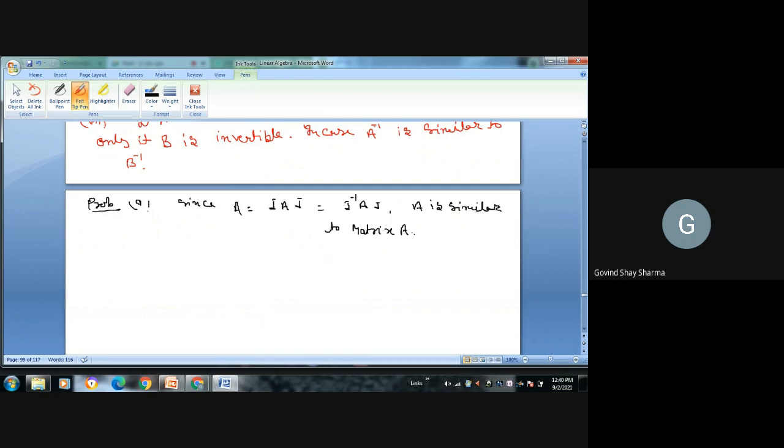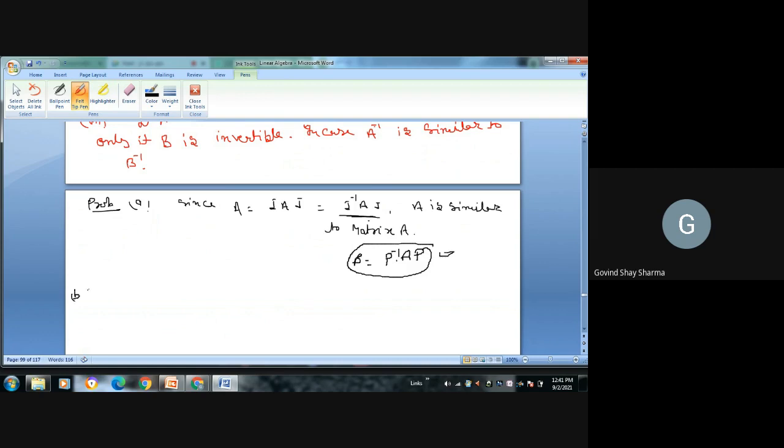How we can show that A can be written as AI is equal to I inverse AI. This is the definition of an invertible matrix and similar matrix: that there exists a matrix P, and if we can write it in the form P inverse AP, then B and A are similar matrices. So A is similar to A.